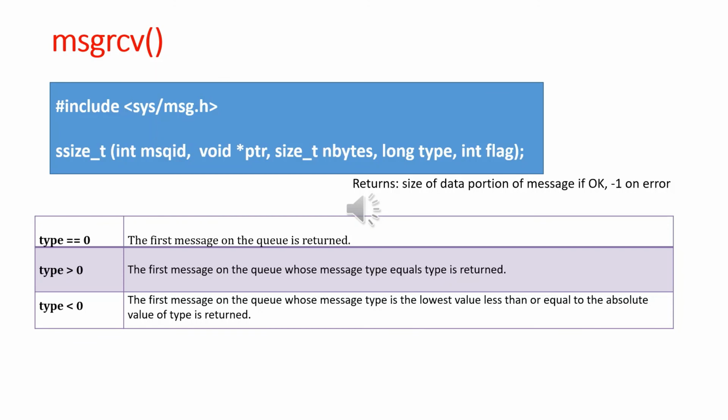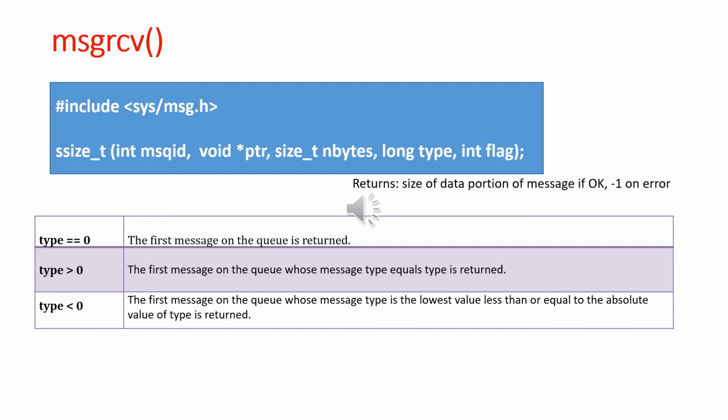Next is the message flag, msgflg. That controls what happens when no message of the appropriate type is waiting to be received. For that we use the IPC_NOWAIT control signal, that returns -1 without receiving any message.